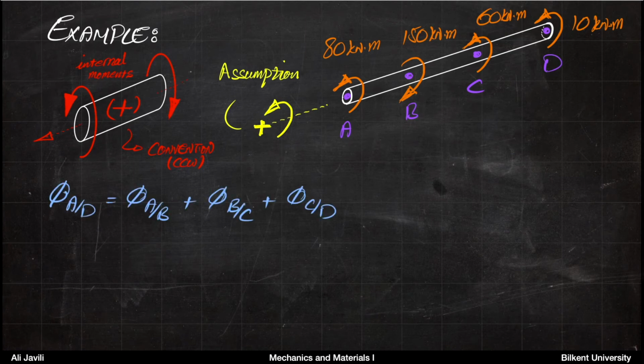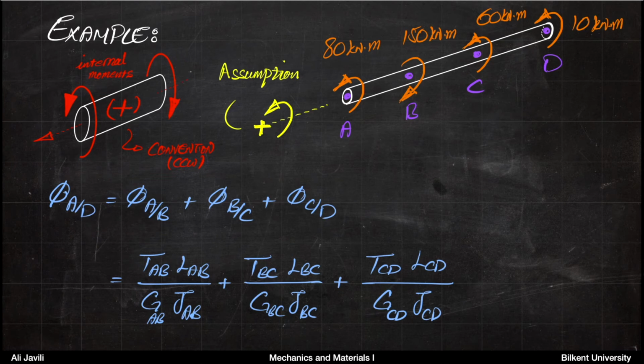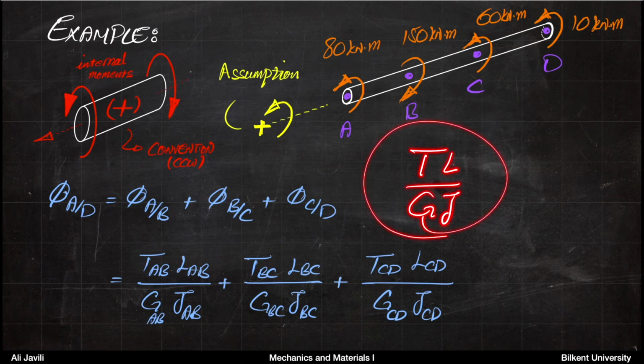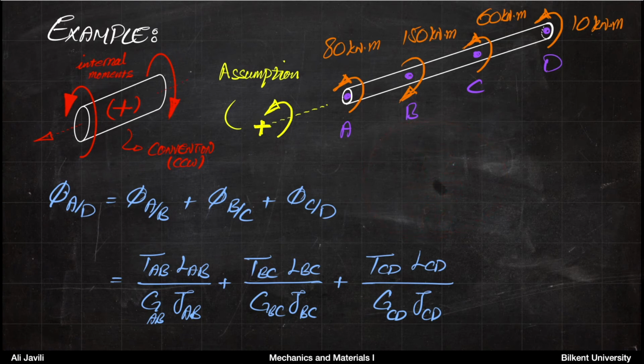Okay, so what we want to do is to calculate phi A with respect to D, and that is phi A with respect to B, B with respect to C, C with respect to D. You just add them up and you get this one. And then again, for each of these parts, you can calculate that twist angle for that particular part from our formula TL over GJ, but you just particularize it with respect to that particular section.